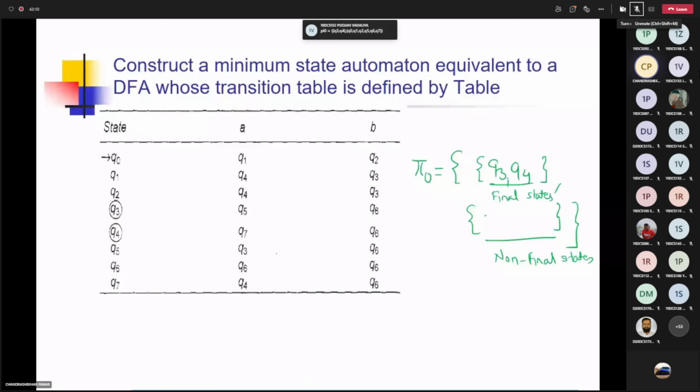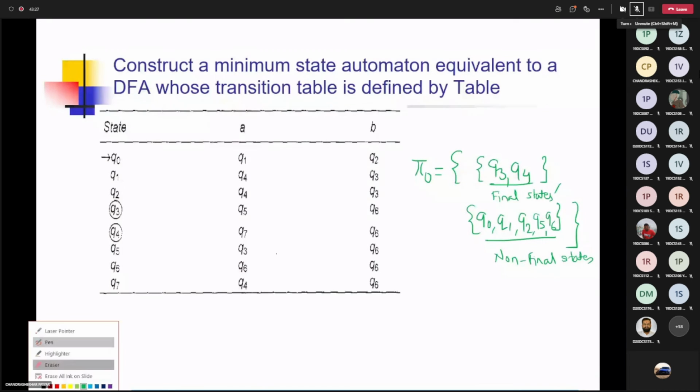And all the remaining are the non-final states: Q0, Q1, Q2, then Q5, then Q6, and Q7. So what is the content of pi 1 now?